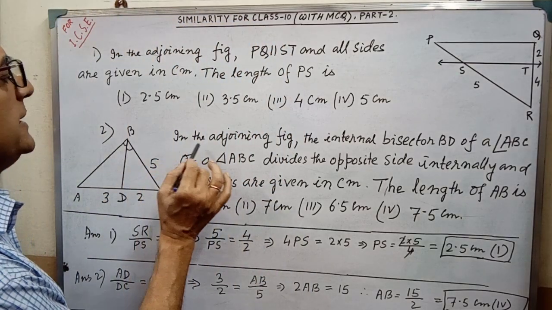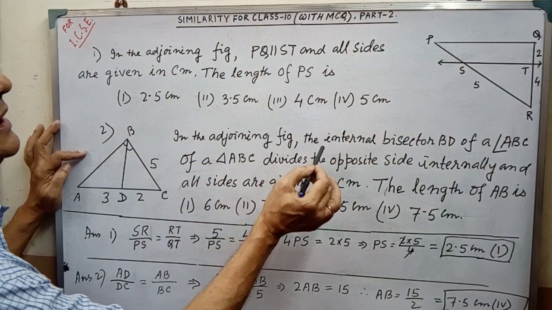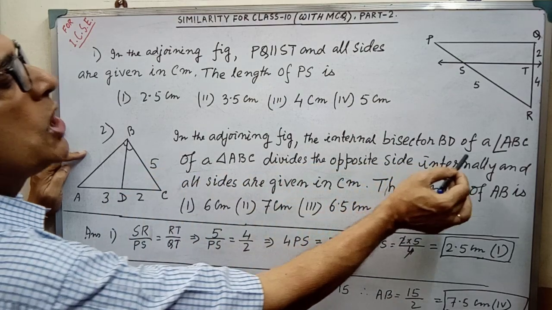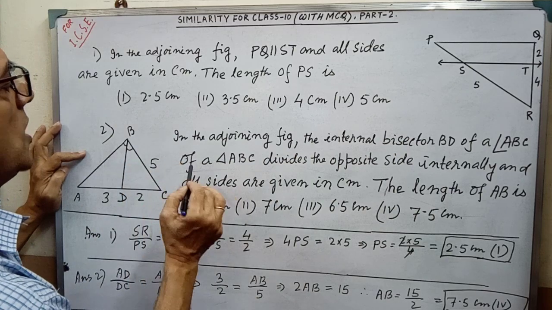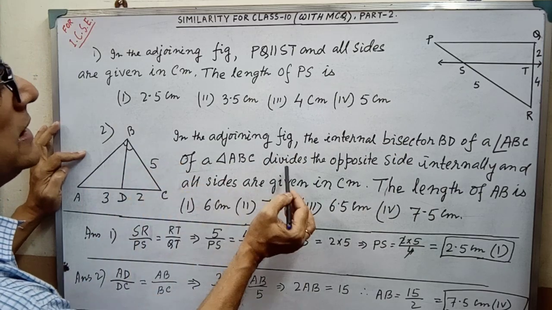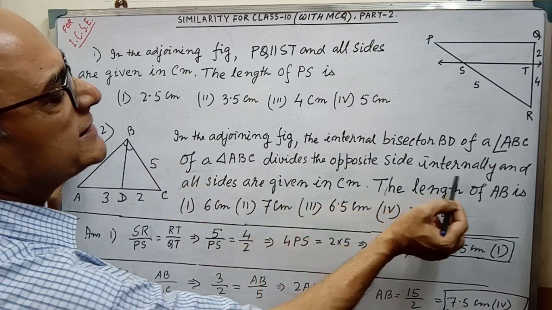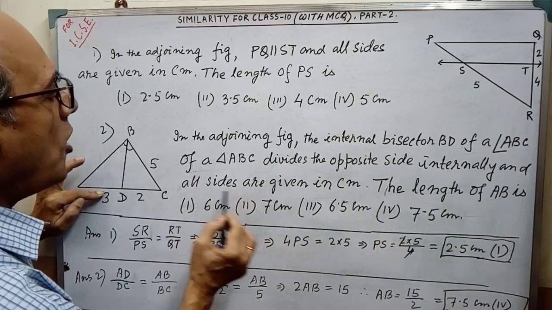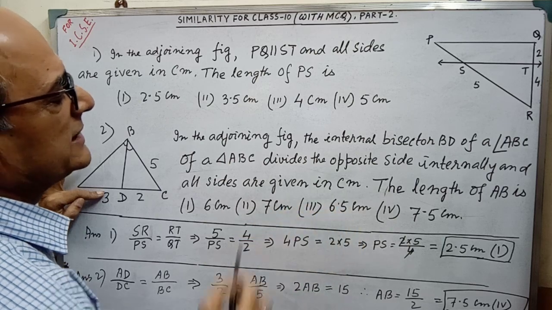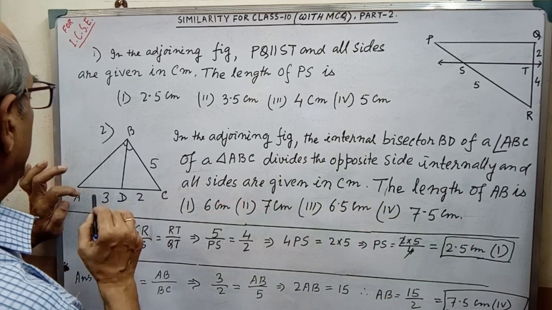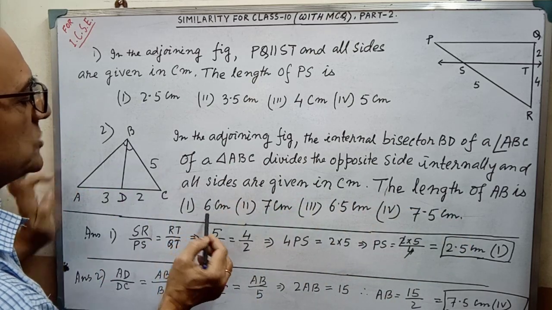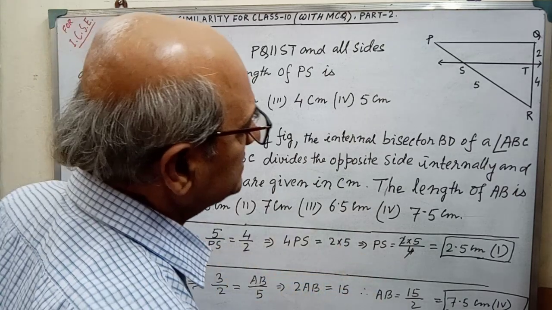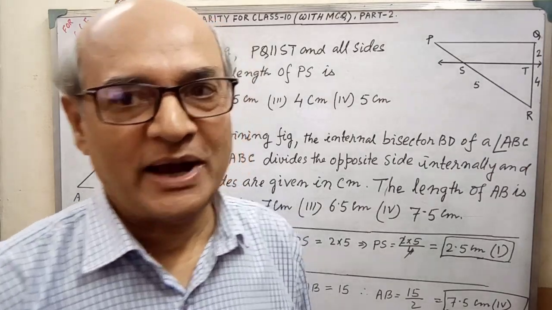Next part, that is in the adjoining figure, this figure, the internal bisector BD of angle ABC of triangle ABC divides the opposite side internally, and all sides are given in centimeters. The length of AB, that is option 6 centimeter, 7 centimeter, 6.5 centimeter and 7.5 centimeter.